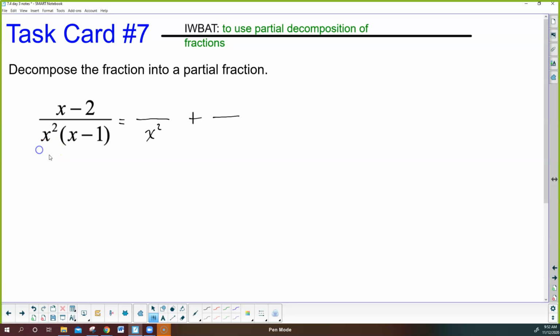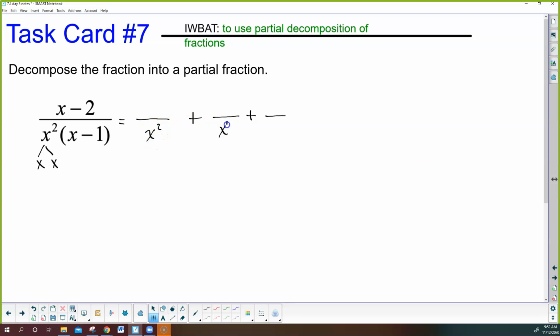Or some people are saying, well, wait a minute, couldn't you break this down into an x and an x? And you're right. So that means that I could have another x as a factor. Now, I don't have to write 2 of them. The reason why I'm not writing 2 is because that's kind of redundant. So think of it this way. If you have an x squared, that has to be a potential denominator.